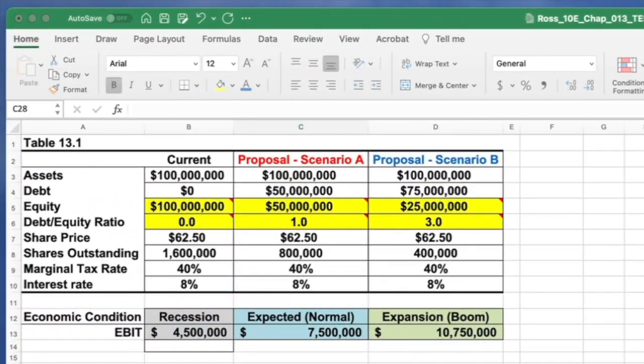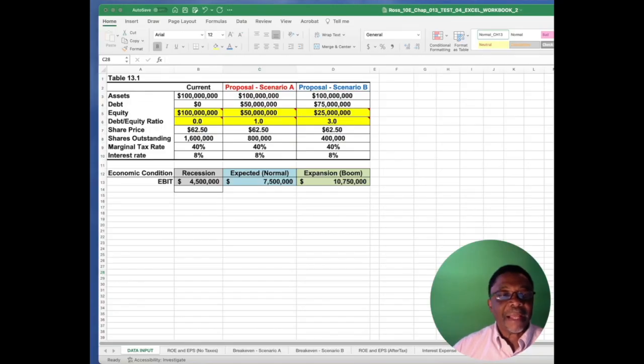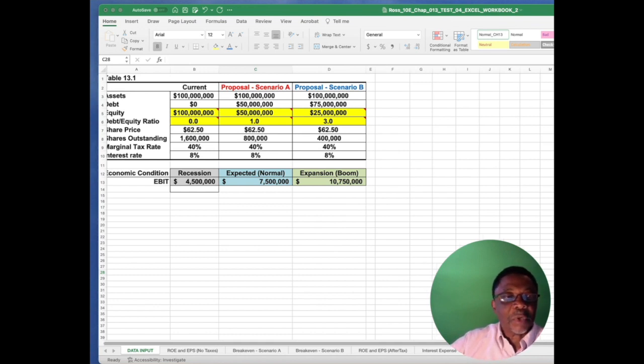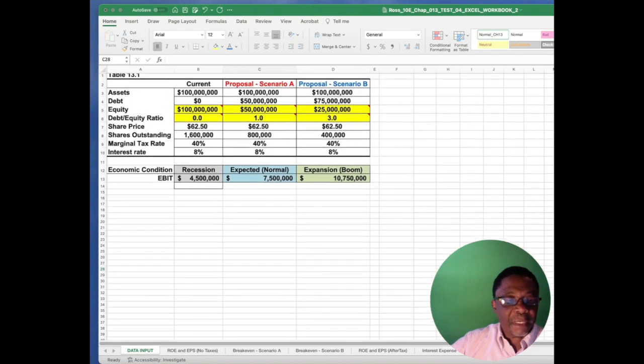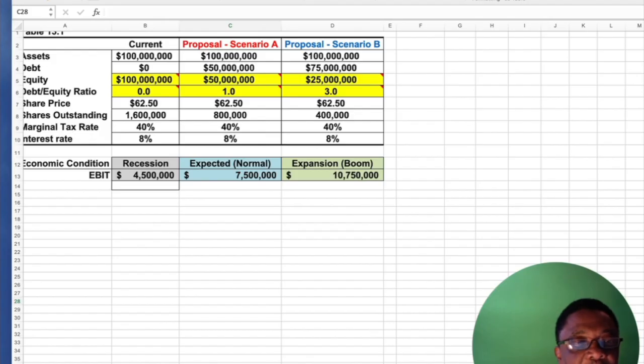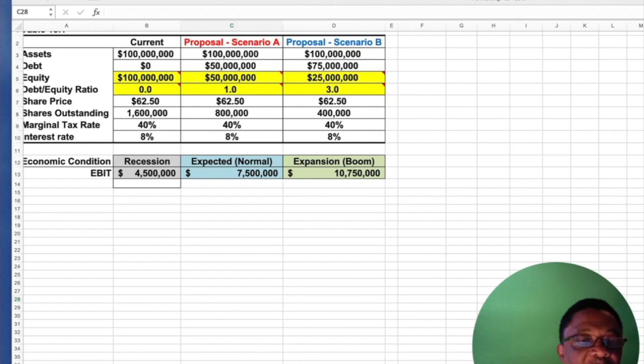And to illustrate how to use this Excel workbook in solving these capital structure problems, I'm going to walk through a scenario where we look at the earnings per share if there's a normal economy.